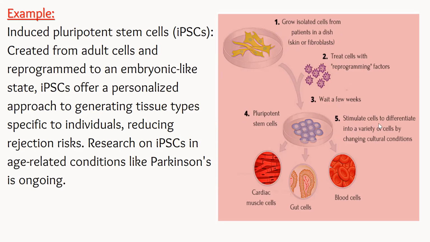So we can stimulate the cells to differentiate into a variety of kinds of cells, like cardiac cells, blood cells, or even gut cells. If someone has an ulcer or a problem in the small intestine, we can stimulate and induce these pluripotent stem cells into these parts for healing.